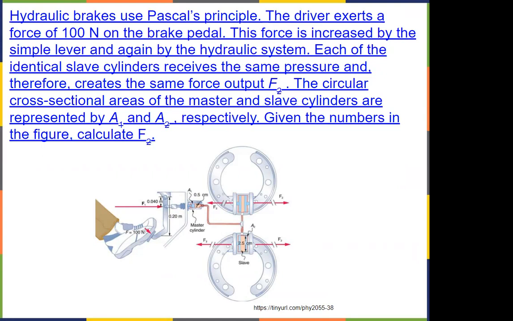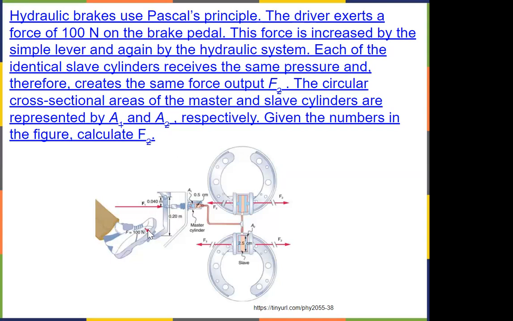Each of the identical slave cylinders receives the same pressure and therefore creates the same force, output F2. The circular cross-sectional areas of the master and the slave cylinders are represented by A1 and A2, respectively. Given the numbers in the figure, you can calculate F2, okay?